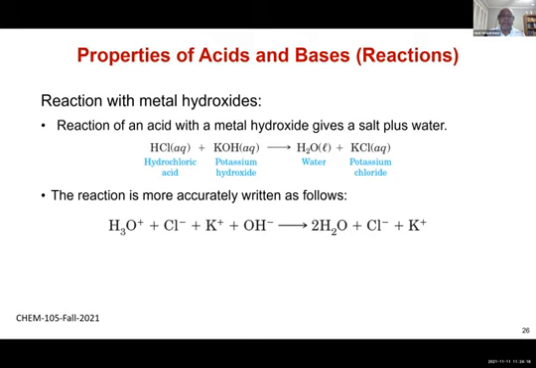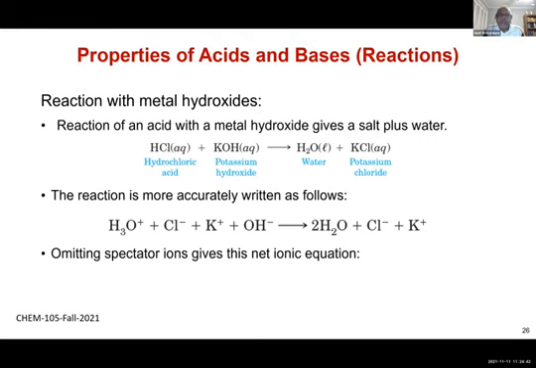We talked about that in previous chapters. Omitting spectator ions, chloride and potassium, from the right and the left side, acid-base neutralization is simply a neutralization of hydronium ion with hydroxide ion, producing water. Reaction with metal oxide.